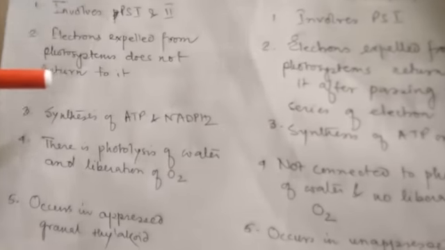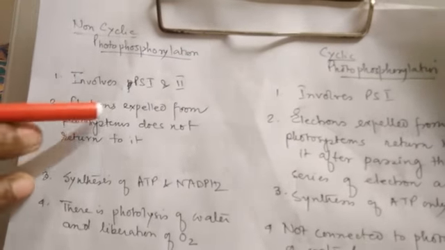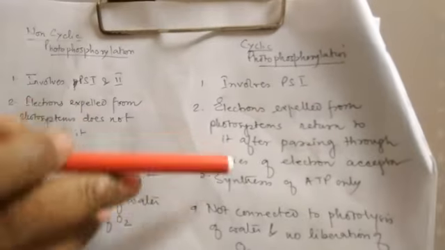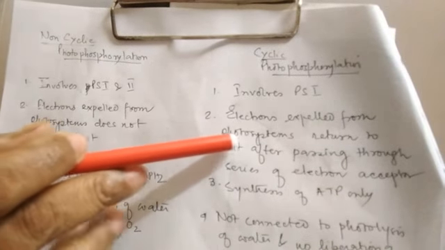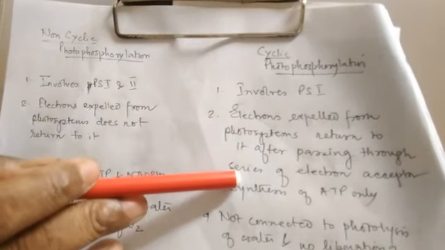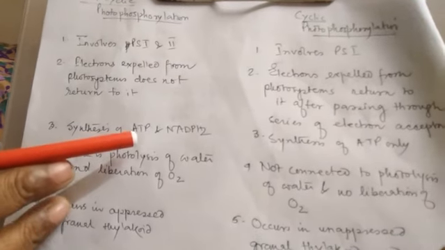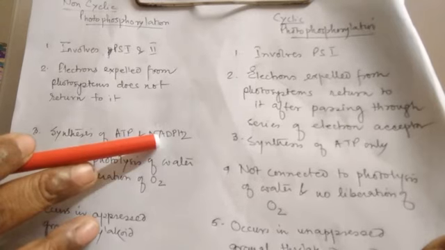Next, in non-cyclic photophosphorylation, the electrons that are expelled never return to their own position, but in cyclic photophosphorylation the expelled electrons return back to their own position. In non-cyclic photophosphorylation the products are ATP and NADPH2.